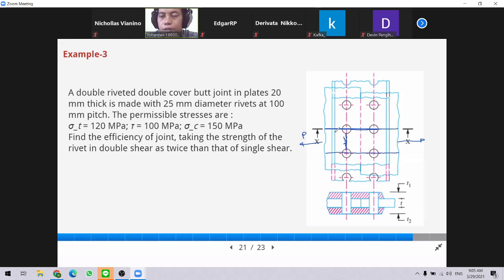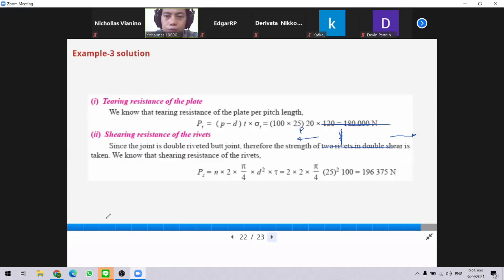This tearing area doesn't change. It's still the same with the previous design. And in the calculation the load capacity is 180 kilonewton.